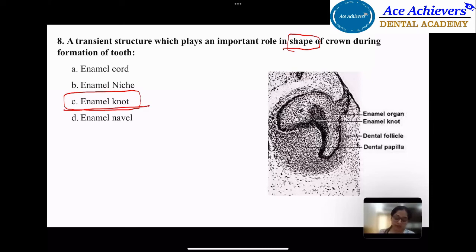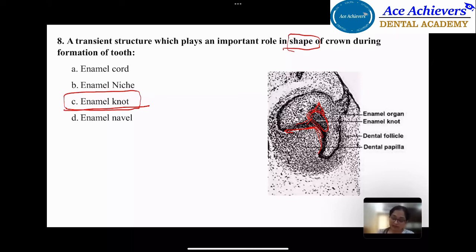In some histological sections, you can actually see this cluster of cells over the future cusp tip. When this cluster of cells proliferates deeper into the stellate reticulum, remember this is known as the enamel cord.